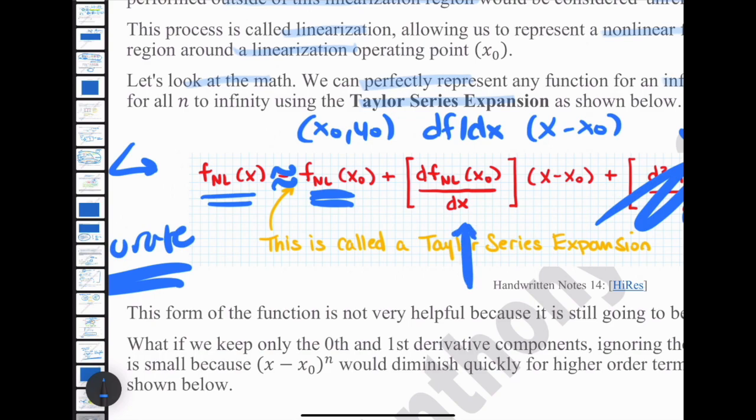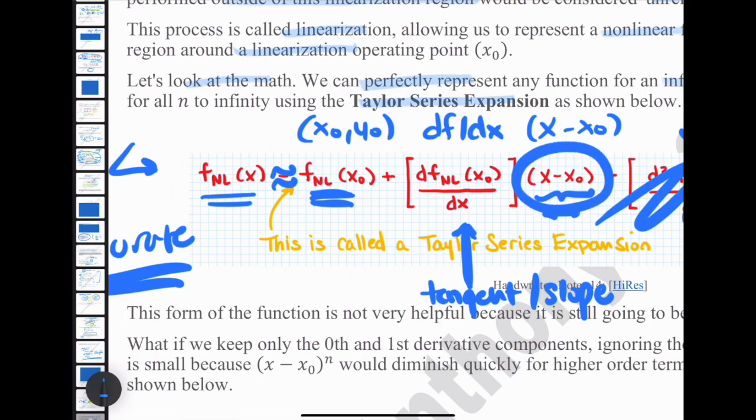We calculate the derivative of our function with respect to x at that point. This is our tangent. This is our slope. And then now we can shift back and forth along that using this term right here. Okay? Where x0 is our operating point and x might be the point that we're actually concerned with.